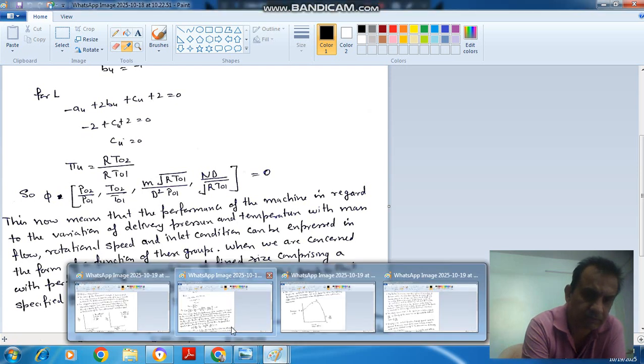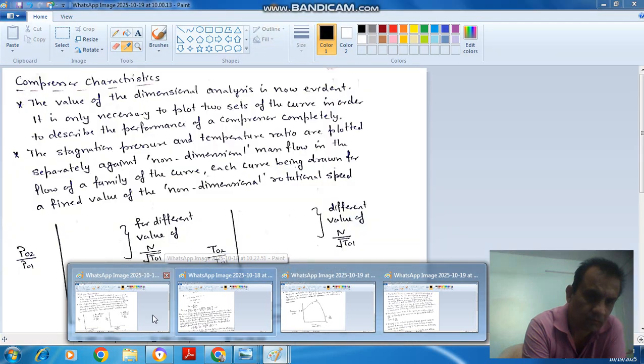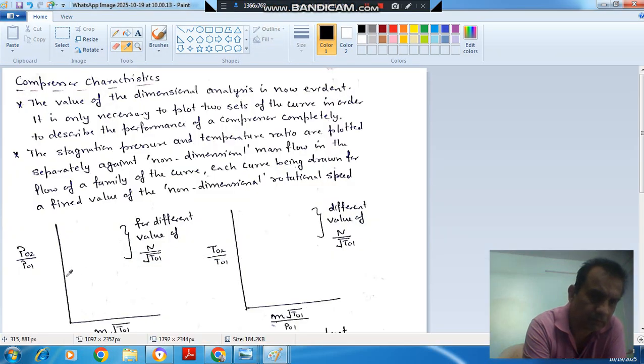By these, first we will plot the graph between pressure ratio and non-dimensional mass flow rate for different values of non-dimensional speed. Then we'll draw the graph between temperature ratio and non-dimensional mass flow rate for different values of non-dimensional speed.